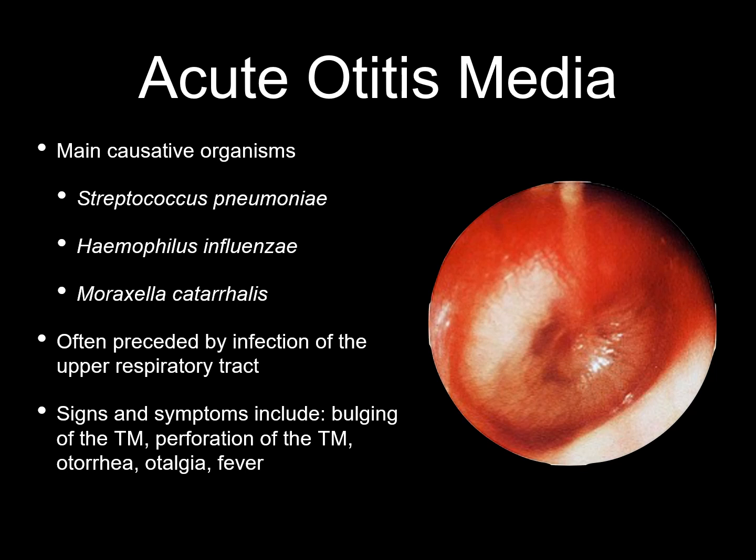Acute otitis media is mainly caused by Streptococcus pneumoniae, Haemophilus influenzae, and Moraxella catarrhalis. It is often preceded by infection of the upper respiratory tract, and the patient will have bulging of the tympanic membrane, perforation of the tympanic membrane, otorrhea, otalgia, and fever.